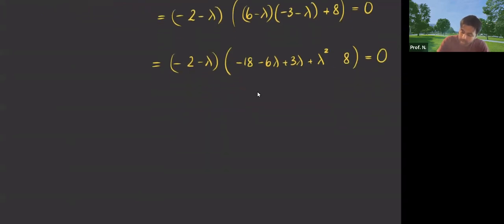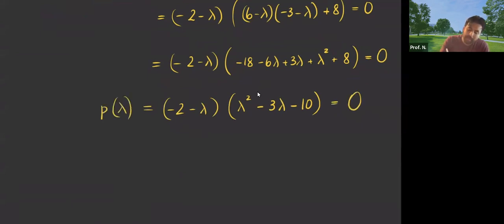This is -18 minus 6 lambda plus 3 lambda plus lambda squared plus 8 equals 0. So this is lambda squared minus 3 lambda minus 10, times -2 minus lambda, equals 0.